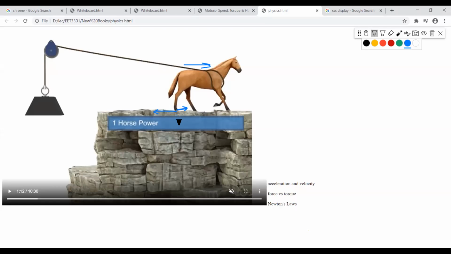So, friction forces. Right? So if the distance moved by the horse is 2 meters, can someone let me know the average friction force?